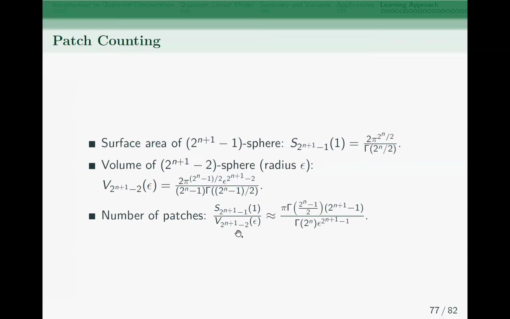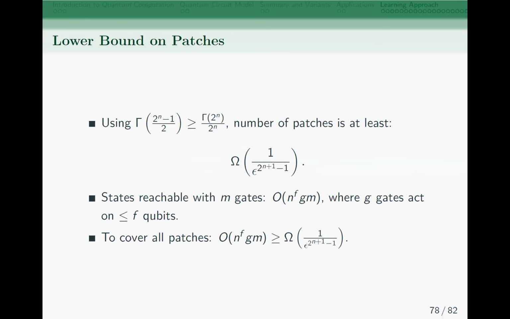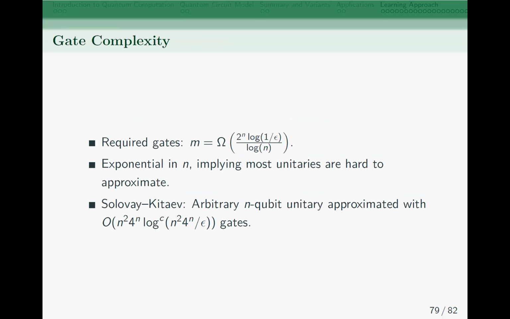And you can say, I have this many quantum states, then I try to match the number, right? So basically the result is that the number of patches is at least this, and this is the gates that you have. So in order for these two to match, you will prove that the number of gates M is always at least this. This is similar to the classical case.